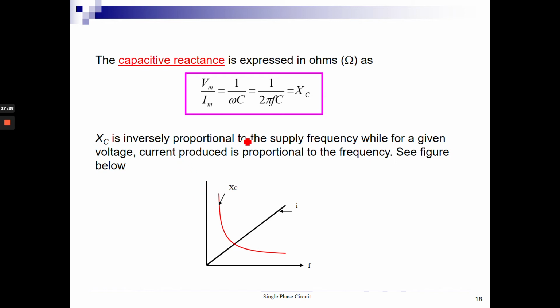So from this graph, we can say that XC is inversely proportional to supply frequency. So you can see inversely proportional. So the higher the frequency, the lower your XC value. While for a given voltage, current produced is proportional to the frequency. So you can see the higher your frequency, your current also increases.